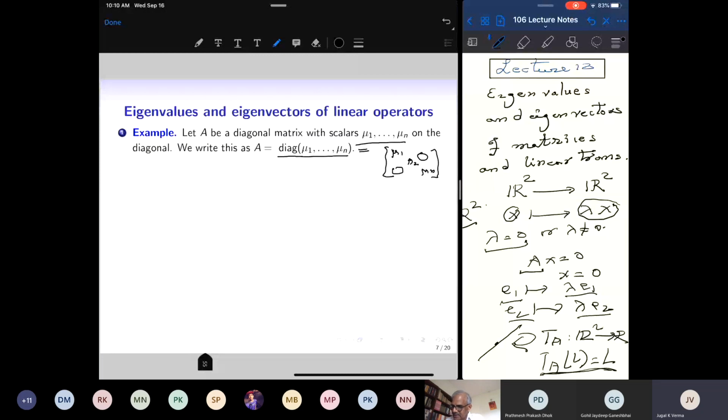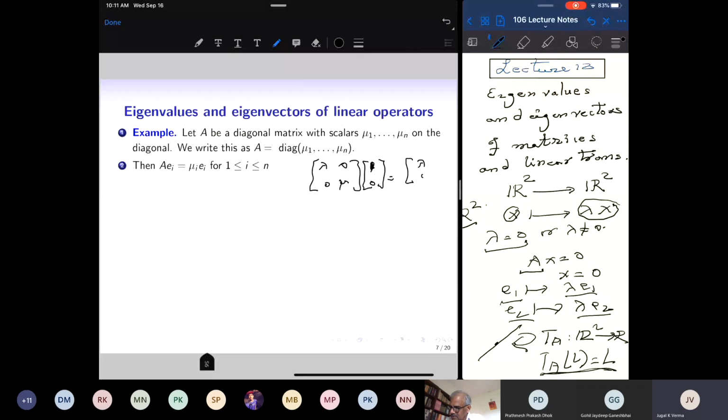Take a simple example, the diagonal matrix with lambda and mu. When I apply this to the first basis vector (1, 0), I get the first column vector, which is lambda times E1. The same diagonal matrix applied to E2 gives mu E2. So lambda is an eigenvalue, E1 is an eigenvector, mu is an eigenvalue, and E2 is an eigenvector.